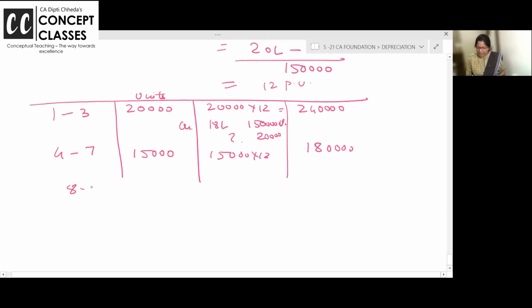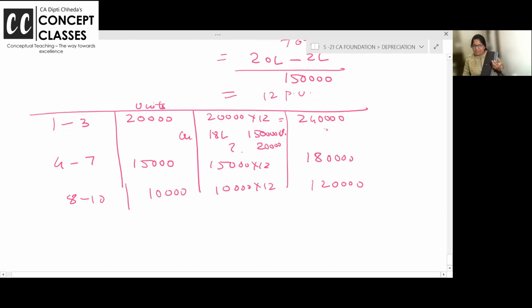Now, 8th to 10th year, continuously you are producing 10,000 units per year, so per year you will charge 1,20,000. Now some students say, ma'am, total depreciation 18 lakhs is not coming. Arey, this is per year. First, second, third year, 4th to 7th year and 8th to 10th year. Is this clear to all of you?